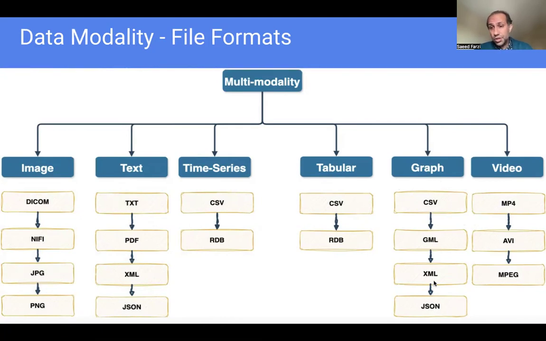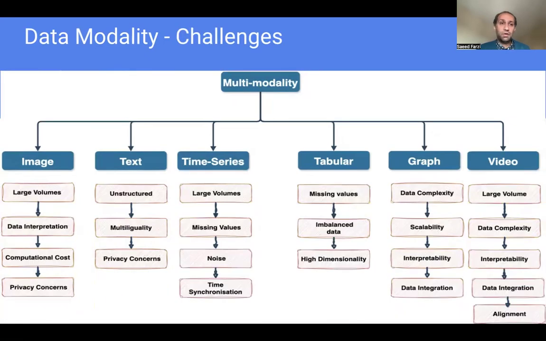Graph: GraphML, XML, and JSON. For video, MPEG-4, AVI, and other formats. Okay, I want to say that another thing that increases the complexity of working in healthcare is the format of the file and the format of the data.